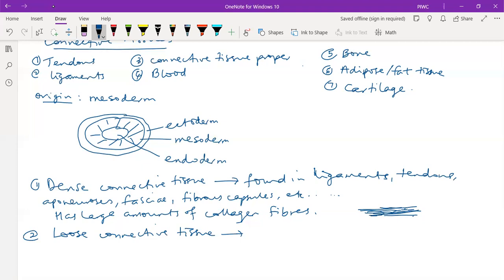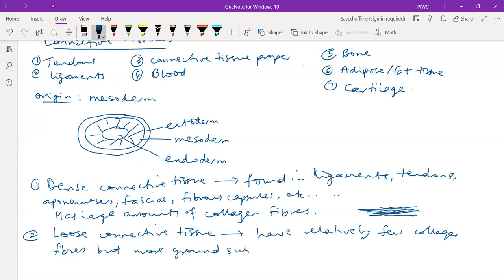So loose connective tissue has relatively few collagen fibers, but more ground substance and tissue fluids.